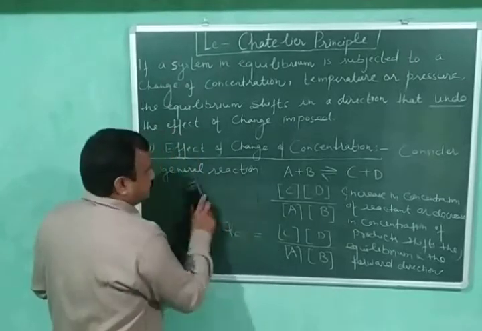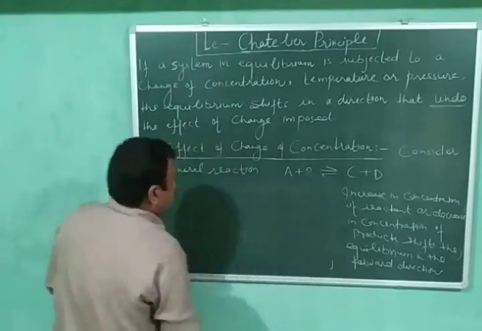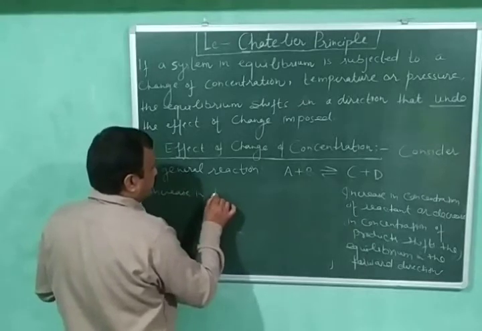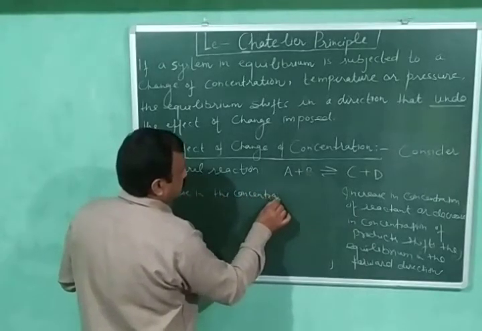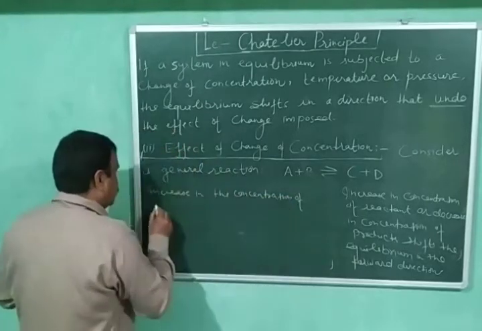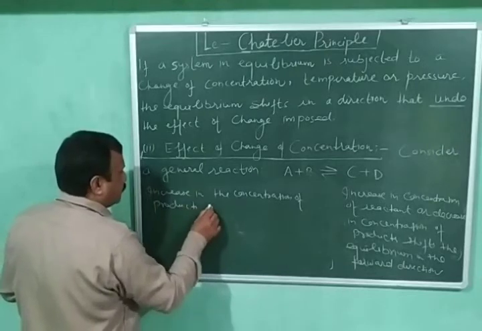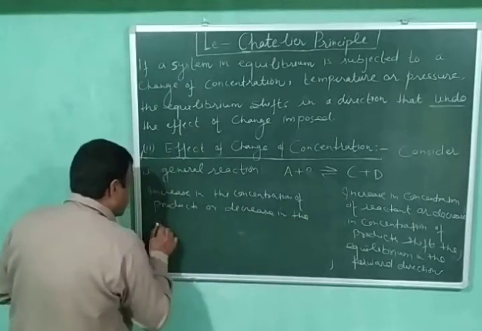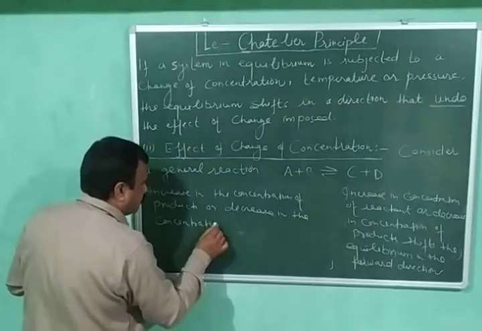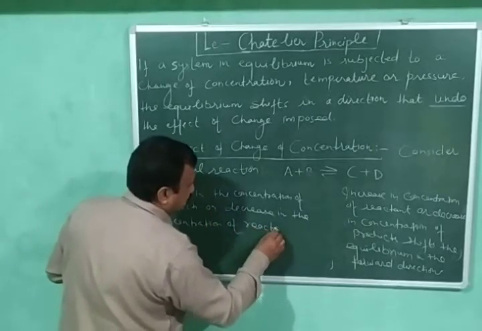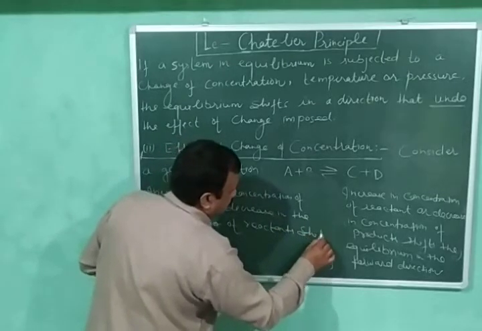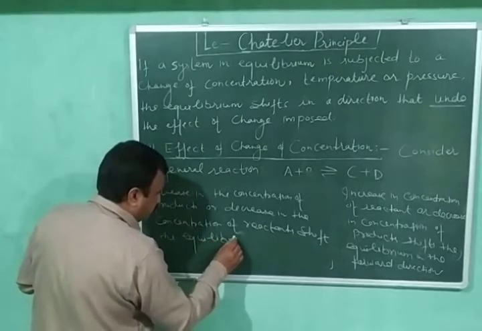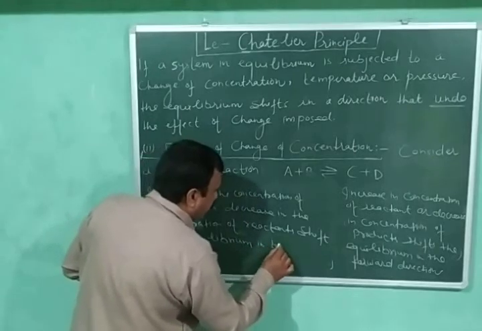So let us conclude that the increase in the concentration of products or decrease in the concentration of reactants shifts the equilibrium in the backward direction.